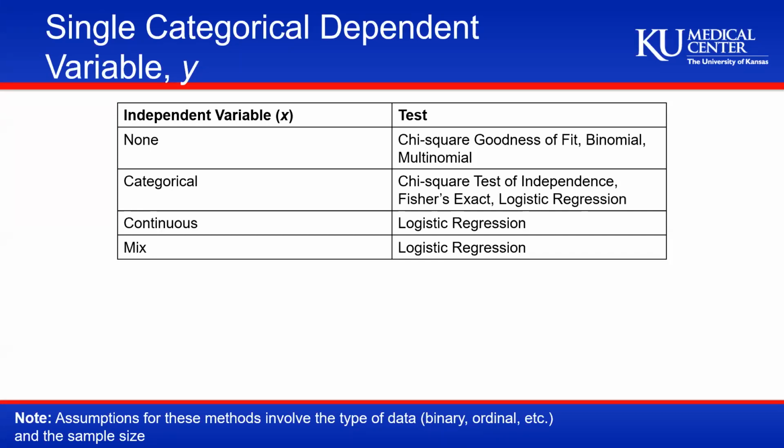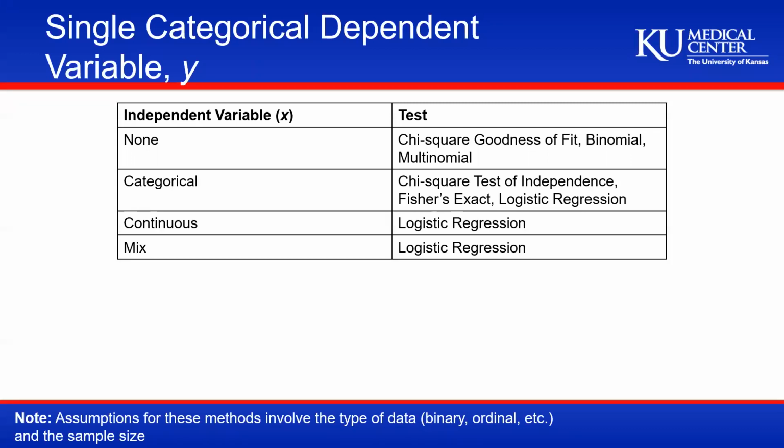The assumptions around statistical methods for categorical outcomes really revolve around the sample size, only because with yes-no data, you don't have a distribution for that, right? It's either a certain fraction of yeses, a certain fraction of nos. So the idea is we need to have enough yeses and nos in the data to get information about what's happening.